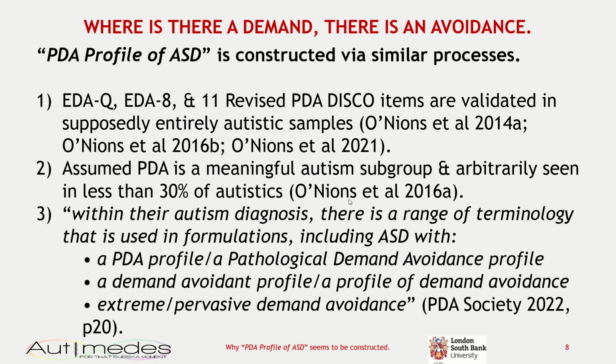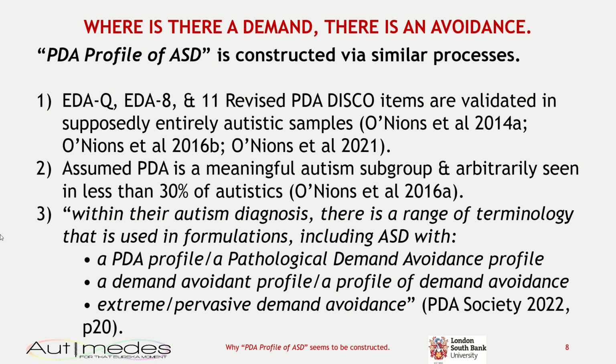The ANOSA 2016A, which is the study that initially validated these 11 revised PDA DISCO items, the authors of that assumed PDA was a meaningful autism subgroup, and they arbitrarily decided that it is seen in less than 30% of autistics, which I obviously have issues with.